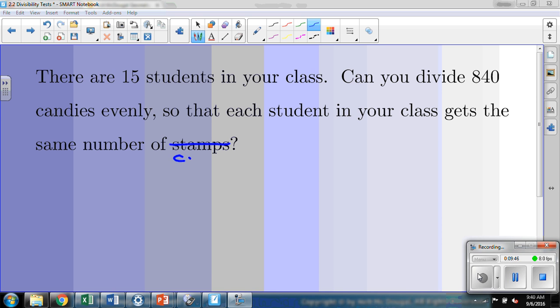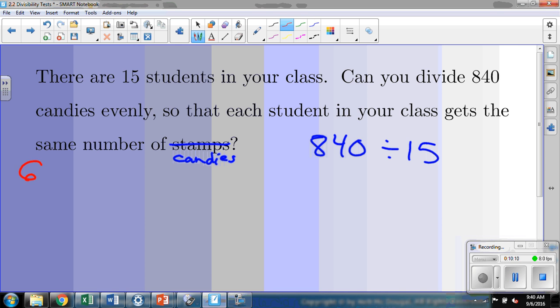It's supposed to be candies. I don't know why it says something else. So yes or no? This is asking us 840 divided by 15. Will it fit perfectly, yes or no? Yes. And we have not yet checked the rule for 6.